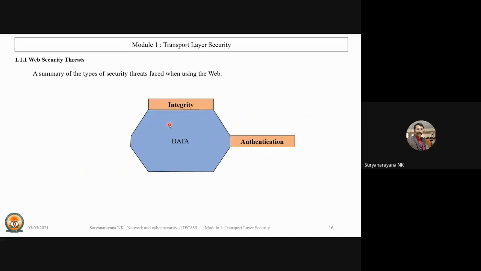Here there are four important parameters which provide security to this data: integrity, authentication, denial of service, and confidentiality. So what are the threats for these four parameters? We will now see.